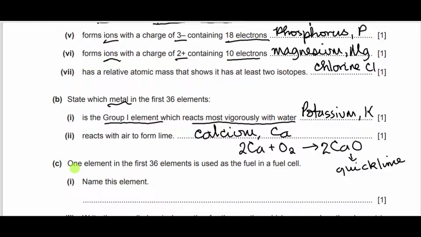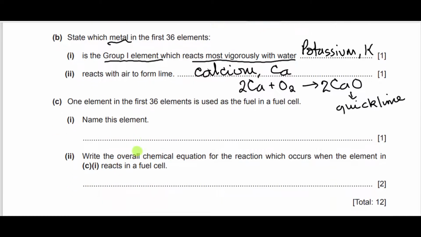Right? So question C, we're done with question B. Question 1C says one element in the first 36 elements is used as the fuel in a fuel cell. Name this element. Now the element commonly used as a fuel in a fuel cell is hydrogen gas, right?